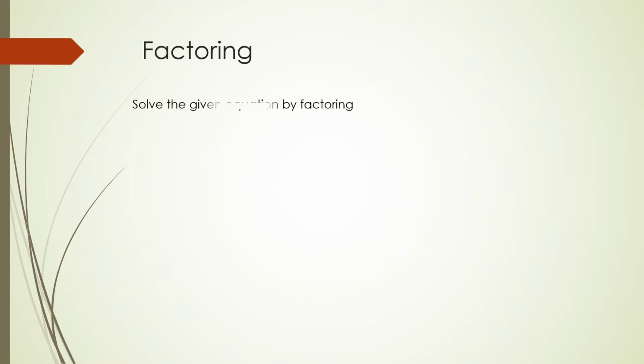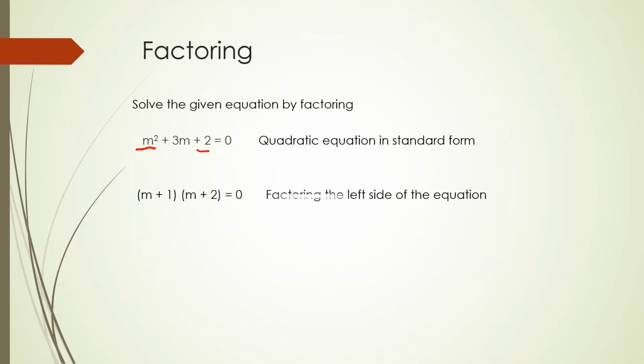Okay, for the second example, you have m squared plus 3m plus 2 is equal to 0. Again, the given, nakasulat na siya in standard form. Okay? Again, magbe-base kayo ng pagpa-factor nyo kay first and last term. Now, the factors of m squared, that is m times m. So, ito yon. And then, the factors of 2 is 1 and then 2.